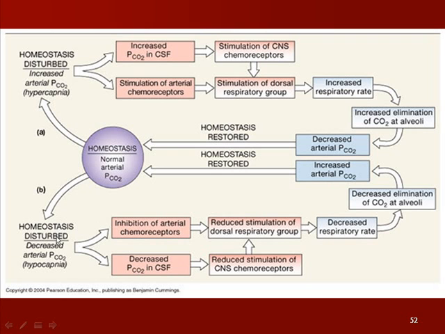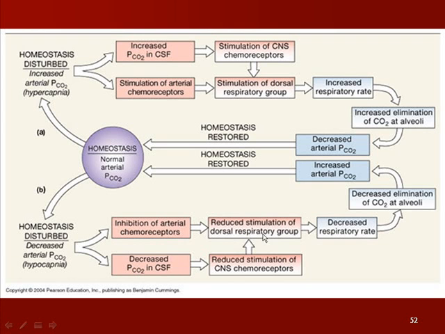Again, another mechanism which demonstrates homeostasis being disturbed: decreased levels of PCO2. You get inhibition in arterial chemoreceptors, you get a decrease in PCO2 in the CSF, and reduced stimulation of the CNS chemoreceptors.